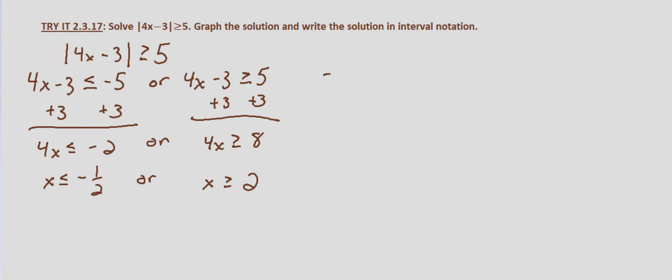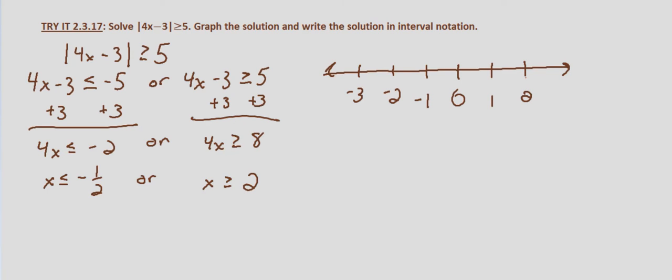Now writing out our number line, we're going less than negative 1/2, greater than 2. So let's start with, let's say, negative 3, negative 2, negative 1, 0, 1, 2. We're starting with this part, which is x is less than or equal to negative 1/2.